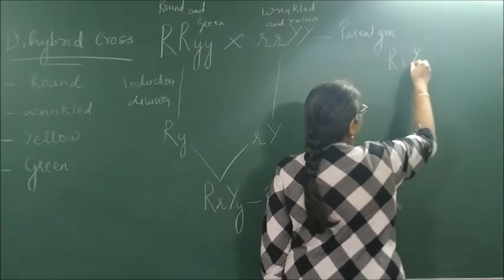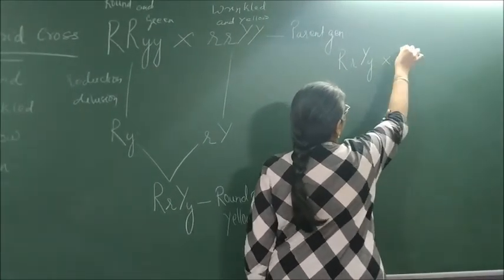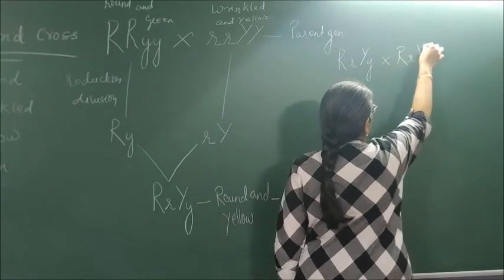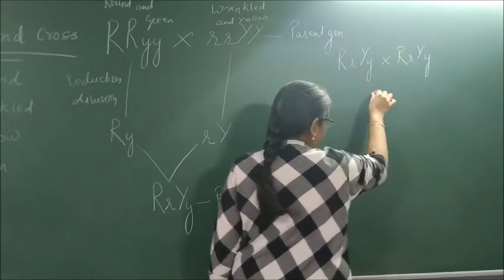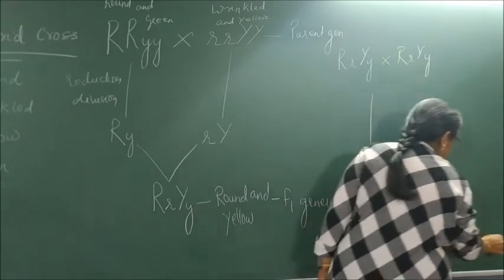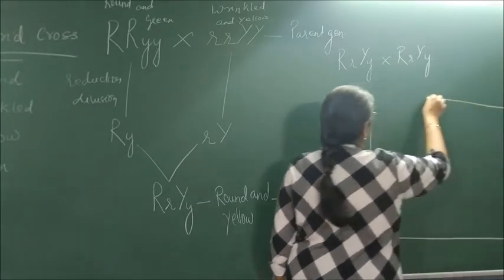So RrYy crosses RrYy. Don't write now, first look into this calculation, then we will write.